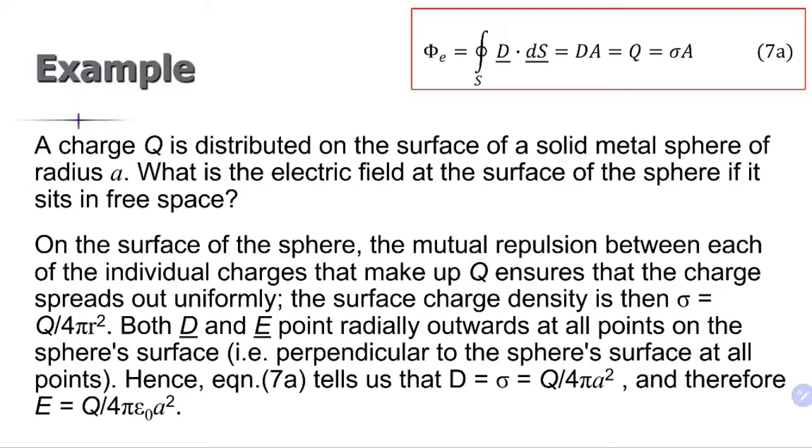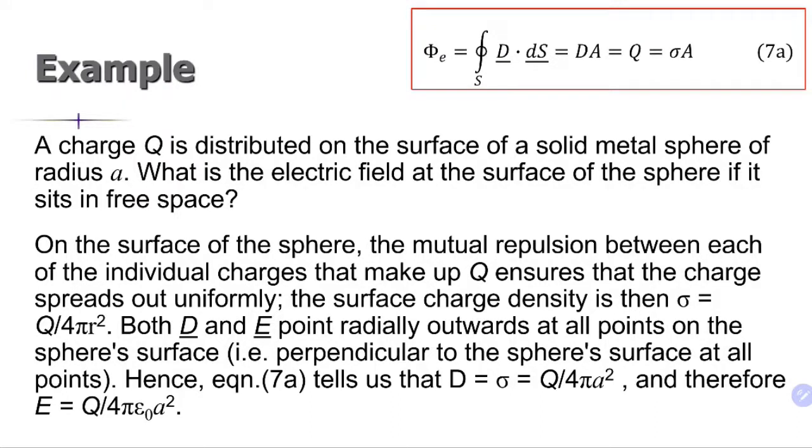Okay, so with conductors, we know that the charge will distribute evenly on the surface, and therefore the charge density sigma will be equal to Q over 4 pi r squared. 4 pi r squared is the surface area of a sphere. The sphere has a radius of a, so that will be 4 pi a squared. Okay, that will be the charge distribution. So the charge density sigma will be equal to Q divided by the area.